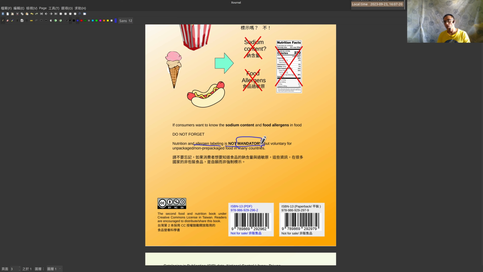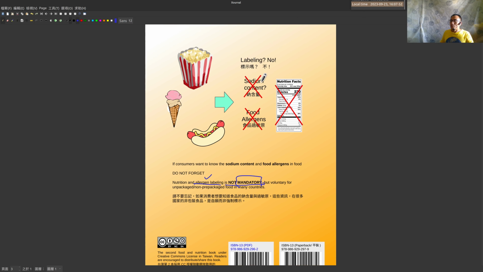For example, if I buy a hamburger in Taiwan, it is not necessary to label the allergen on the hamburger sandwich. Instant noodles are packaged food. For example, I go to a restaurant and I order fried rice, beef something, and that is not required to label the allergen.